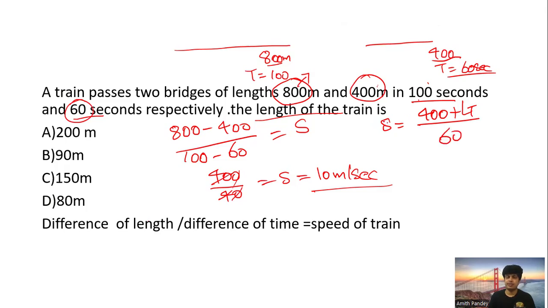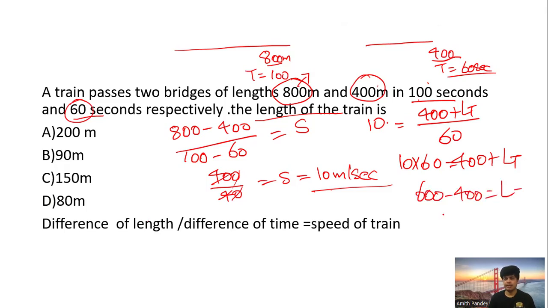And the speed we just calculated is 10. And here is your answer. 10 into 60 is equal to 400 plus LT. That is 600 minus 400 is equal to LT, the length of the train. That's nothing but 200 meters.